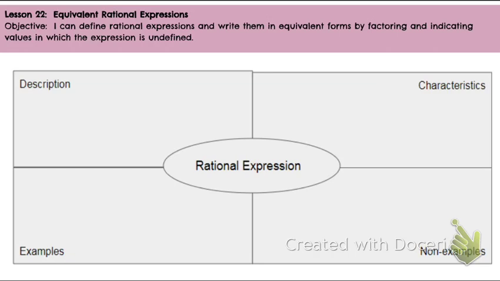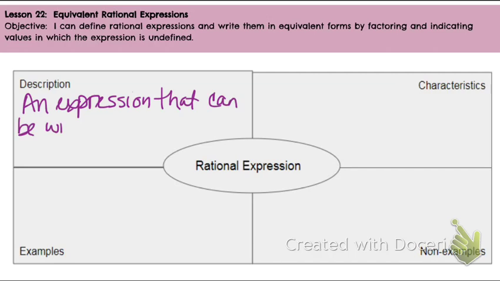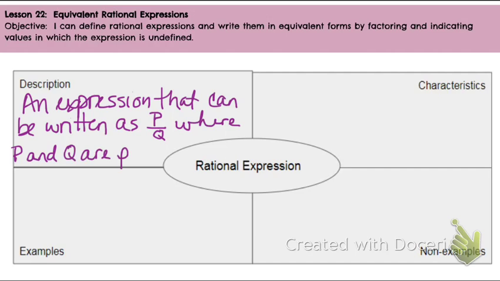So a description of a rational expression is an expression that can be written as P divided by Q, where P and Q are polynomials and Q does not equal 0.